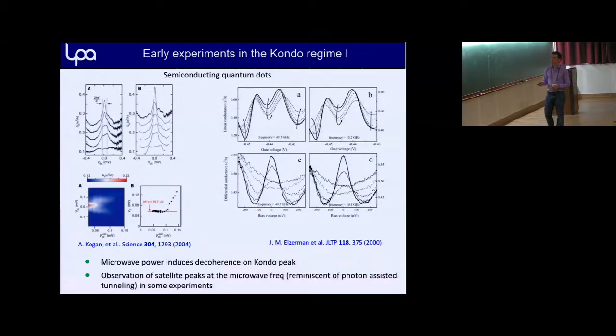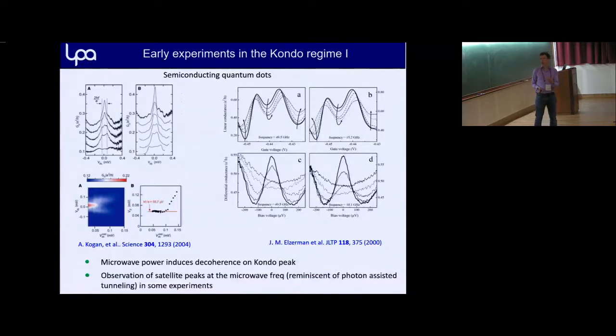What they saw is that when you shine power, the central Kondo peak is completely quenched. When you increase the power, the Kondo peak is lowered and broadened. In addition to that, sometimes, though this was a bit controversial between these two experiments, you also observe satellite peaks, which are exactly at the frequency of the photons.